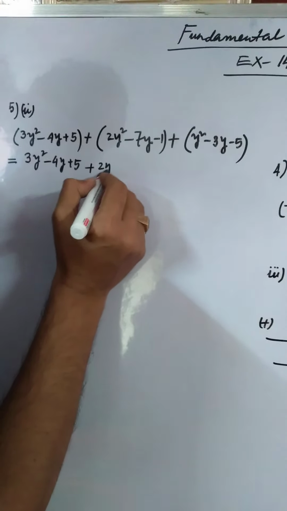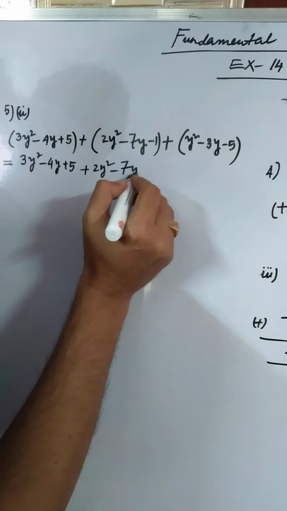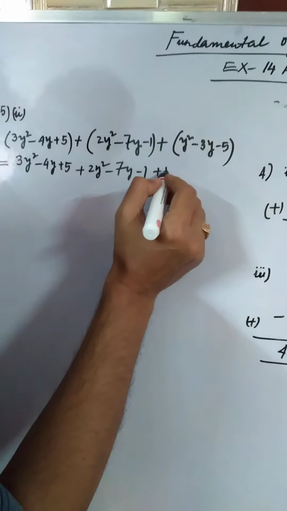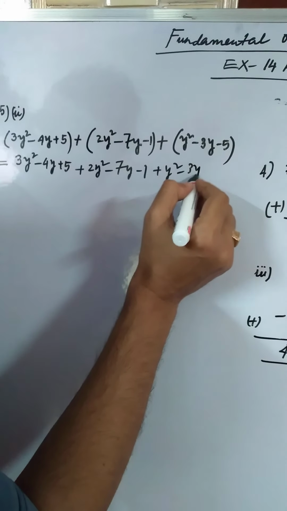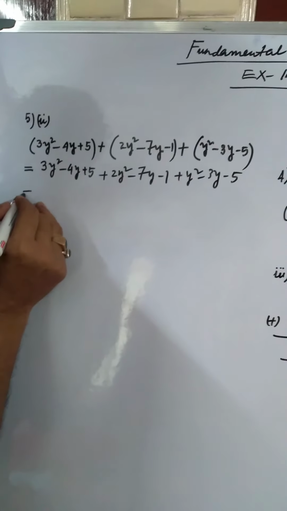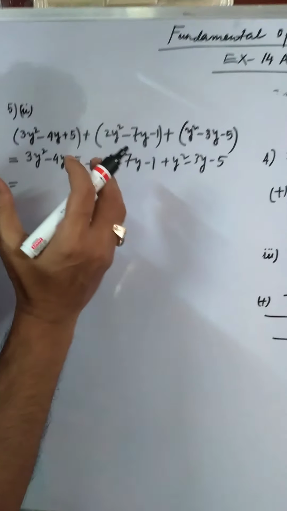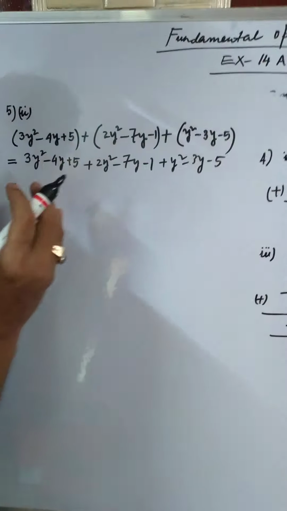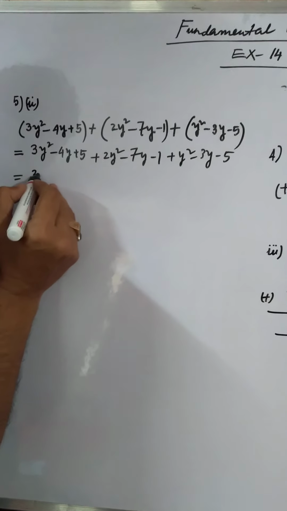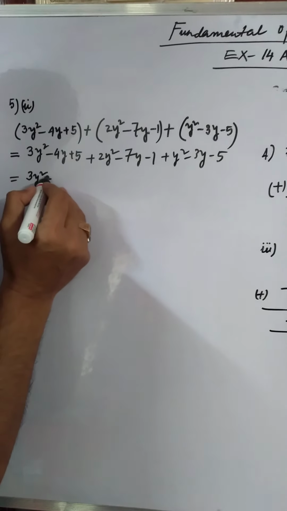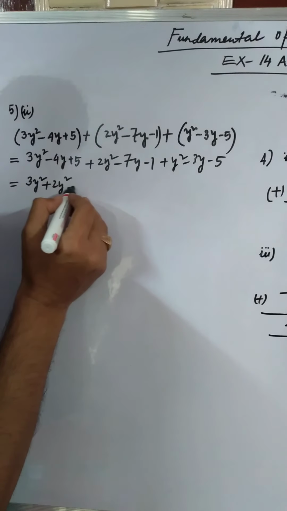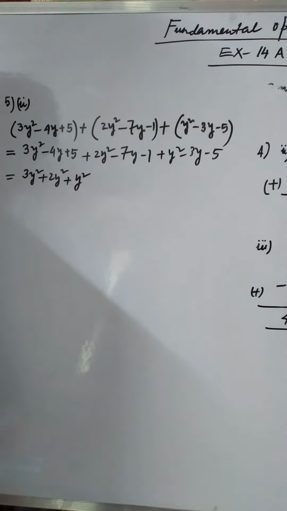So plus 2y square minus 7y minus 1 plus y square minus 3y minus 5. Now arrange the terms in such a way that the like terms are all together. So the like terms: 3y square plus 2y square plus y square.